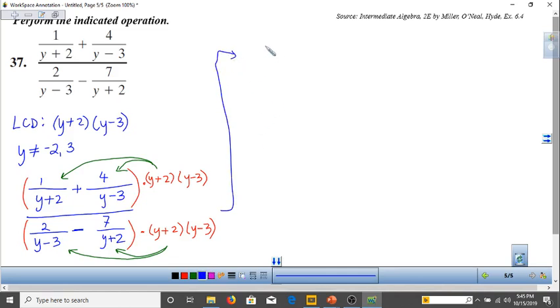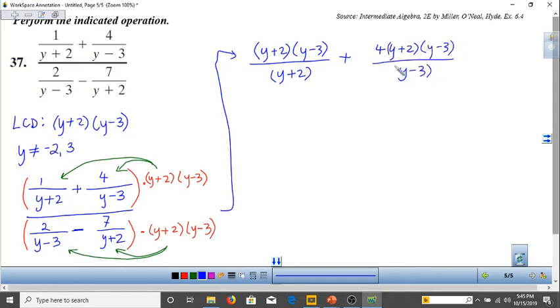So we end up with y plus 2 times y minus 3 over y plus 2, plus 4 times y plus 2 multiplied by y minus 3 over y minus 3, which I'm putting those individual terms in parentheses.